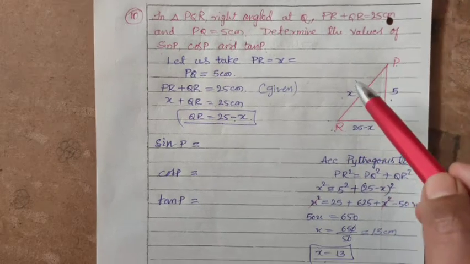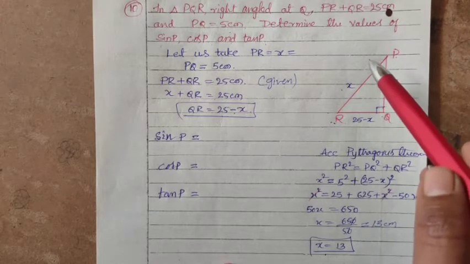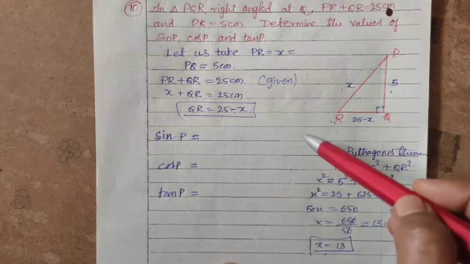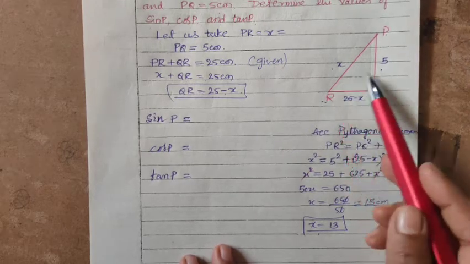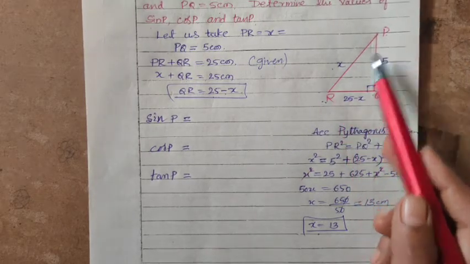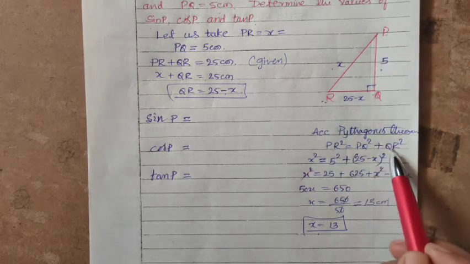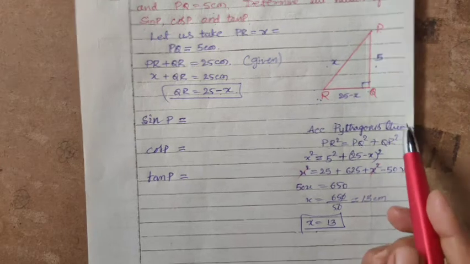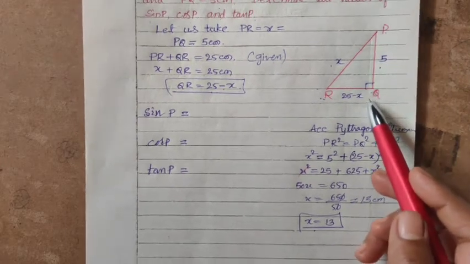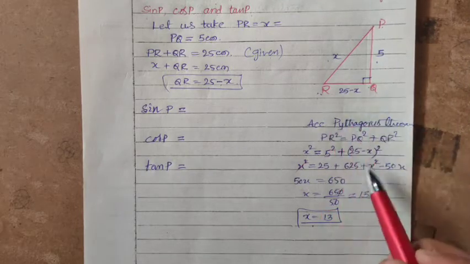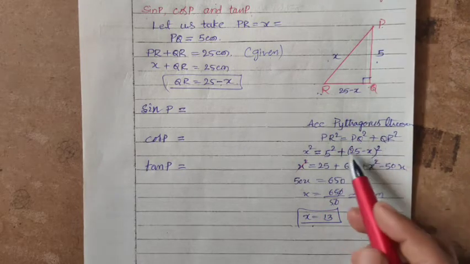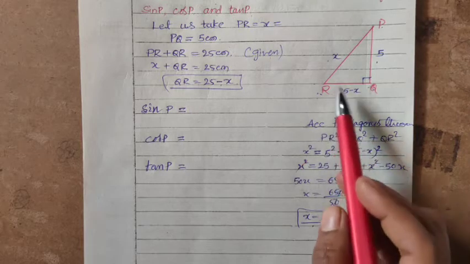Now we can find the length of PR by using the Pythagoras theorem. Since Q is 90 degrees, the square of the hypotenuse equals the sum of the squares of the other two sides. PQ is 5 squared, and QR is 25 minus x whole squared.